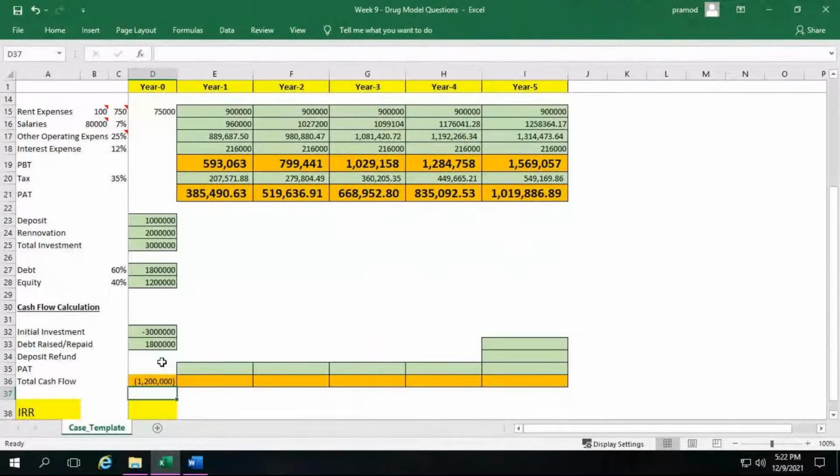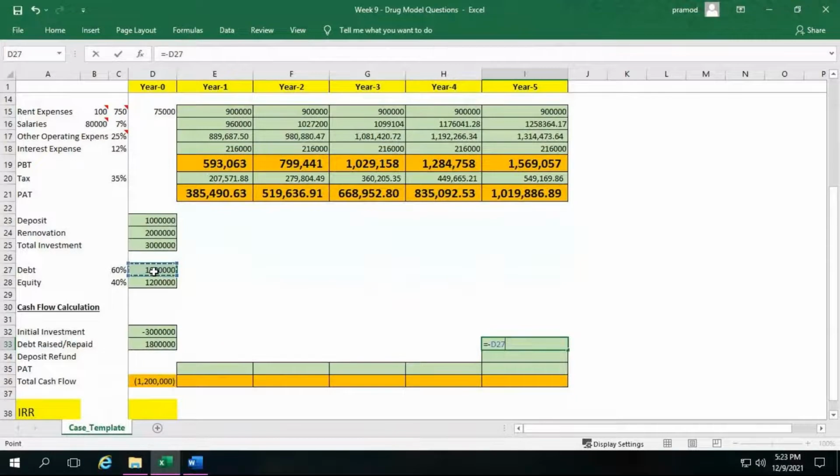Okay. So now, in the beginning, when it comes to debt repaid, at the end it should be minus. So every month you will be paying. Here what you need to do is select this D7 only, but let it be in minus.